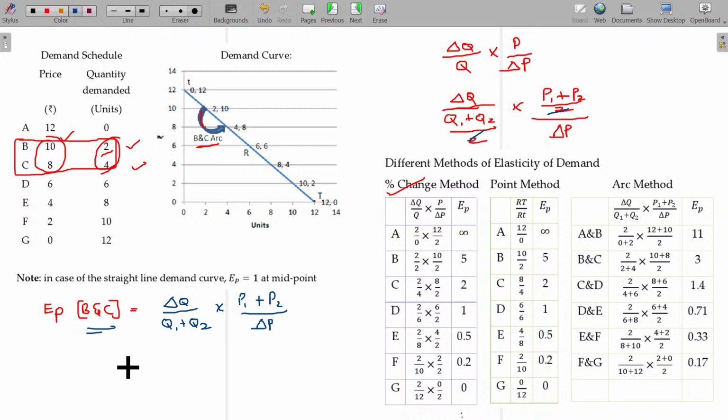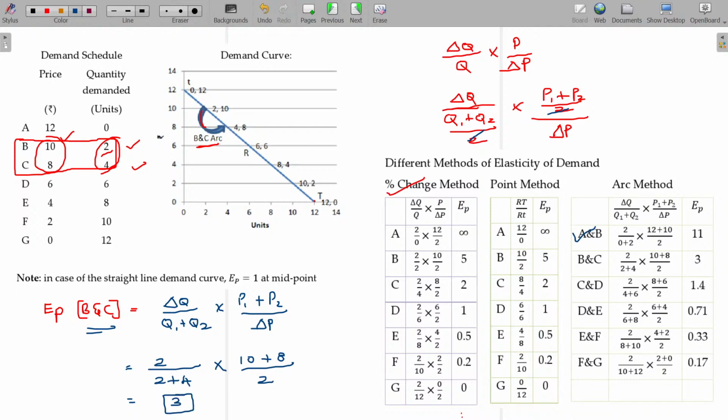Now for B and C, the answer: change in quantity 2, and Q1 being 2, Q2 being 4, multiplied by P1 being 10 plus P2 being 8, divided by change in price being 2. Come on, get me the ultimate value here. Hope this is 3.